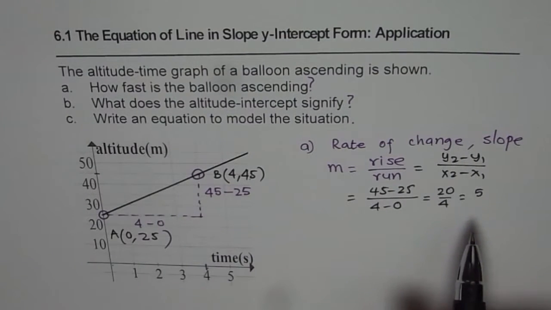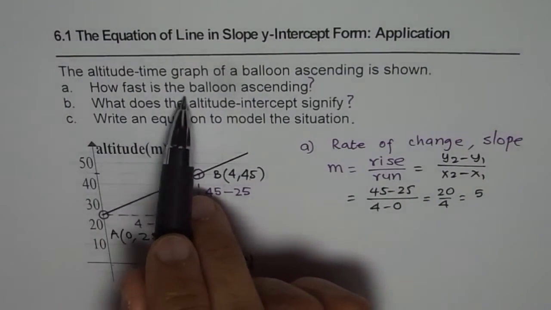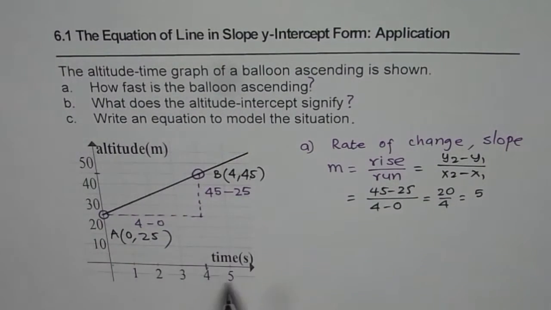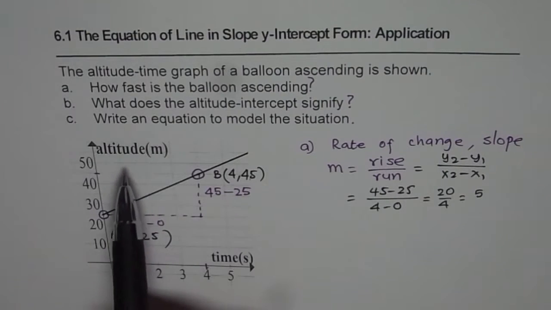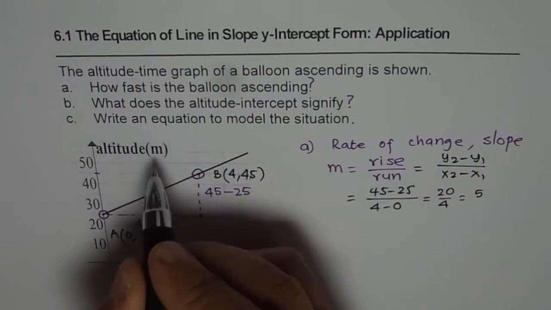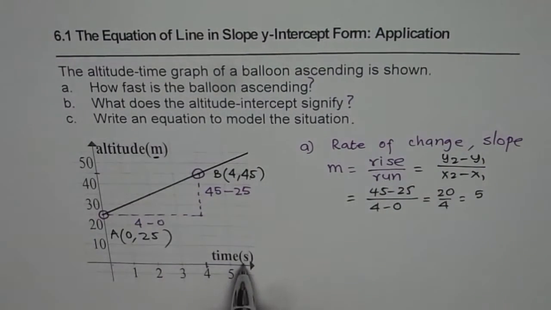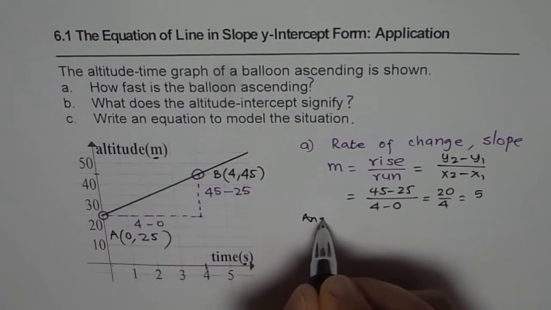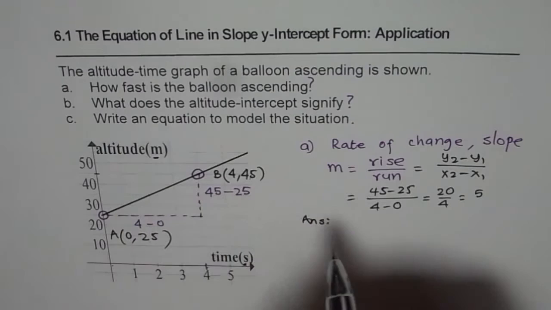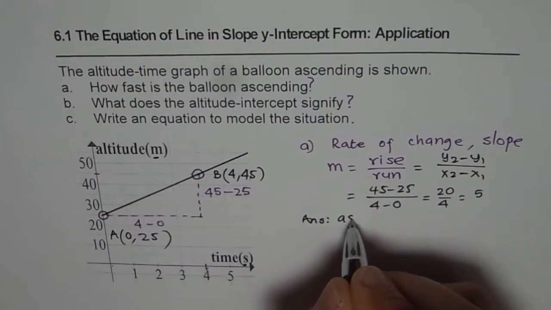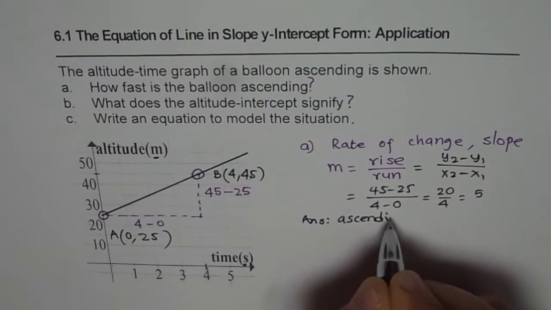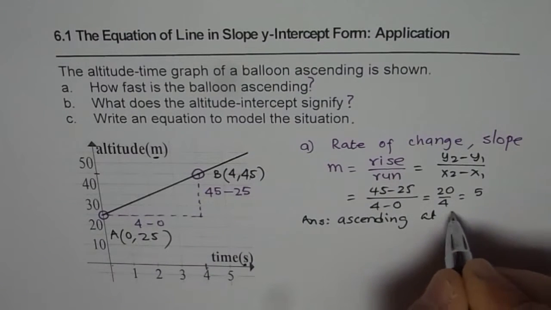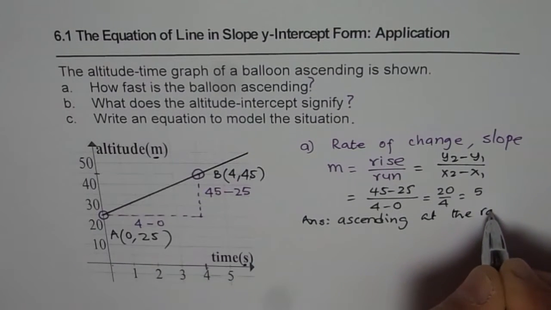Now the question here is, how fast is the balloon ascending? Whenever we have an application question, we have units associated. Altitude is given in meters and time in seconds. So we will answer like this: the balloon is ascending at the rate of 5 meters per second.